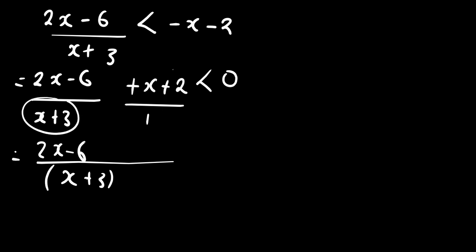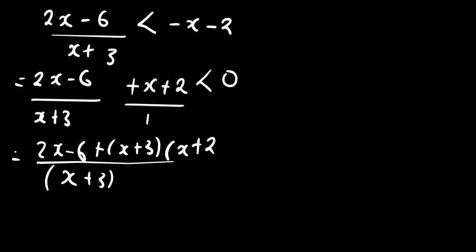This multiplied by that, what are we going to get? Let me just write it to avoid confusion. So I'll just say plus, let's say, (x plus 3)(x plus 2). This should be less than 0.